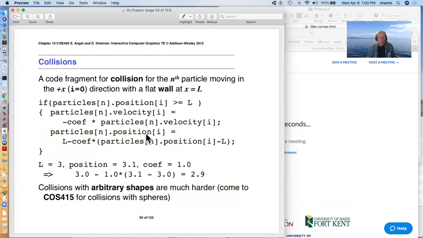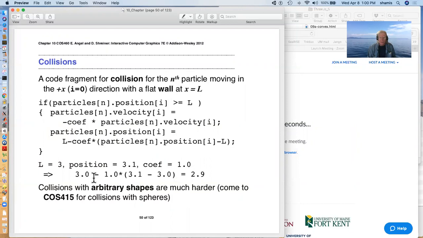Here's a code fragment for doing this for a particle moving in the plus x direction with a flat wall at x equal L, updating the positions, reversing the velocity, and putting it out here some distance based on this coefficient of restitution.